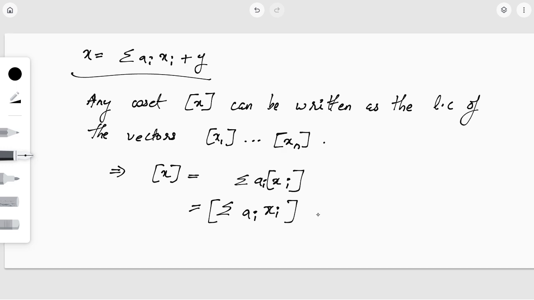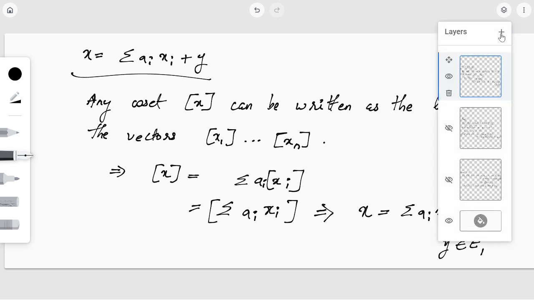Now this can be further written as coset x is equal to coset summation ai xi. From this we can obtain that x can be written as summation ai xi plus some y, where y belongs to E1. This is simply by the definition of coset. So we have proved what was necessary.